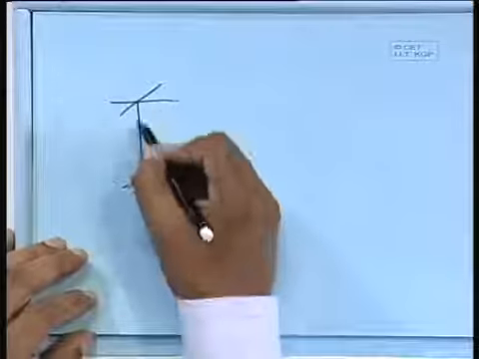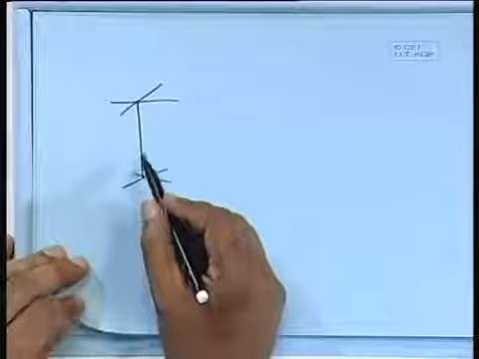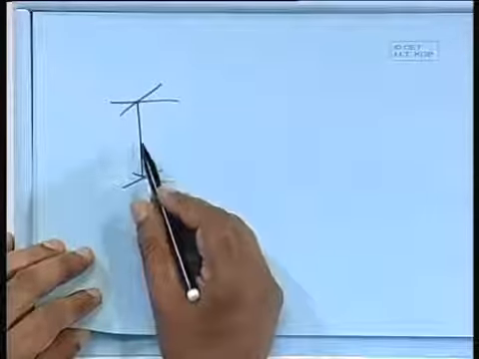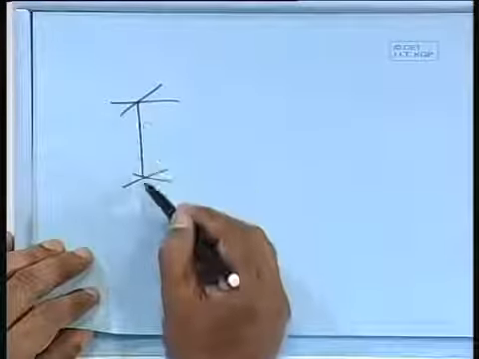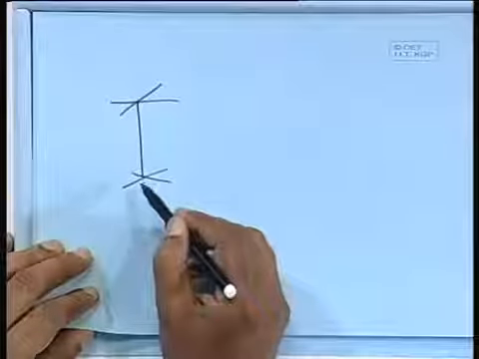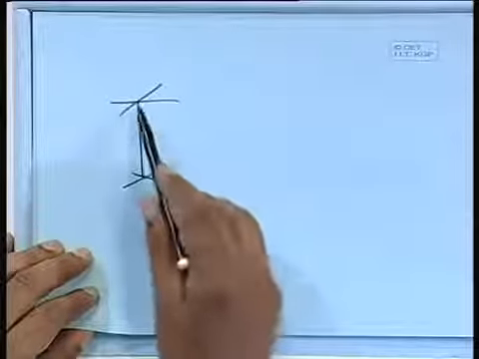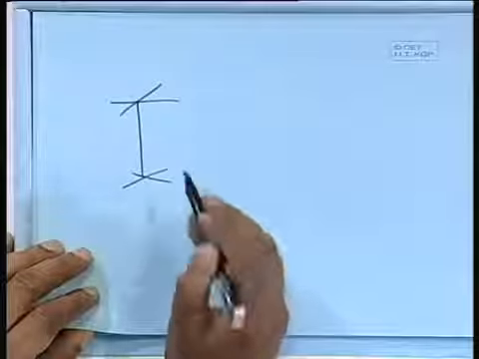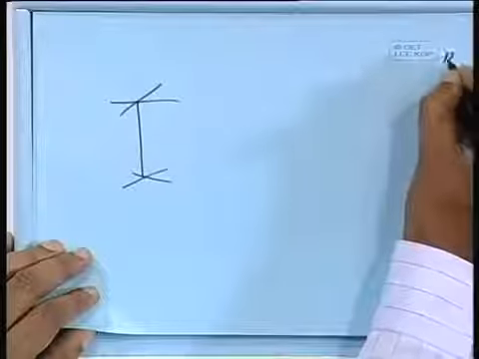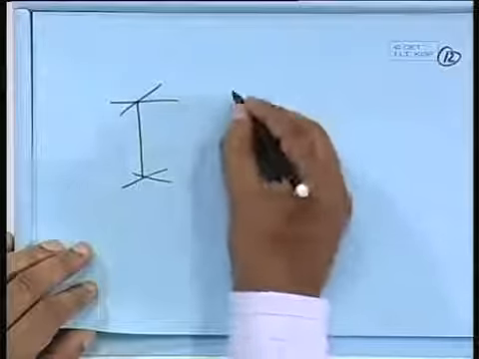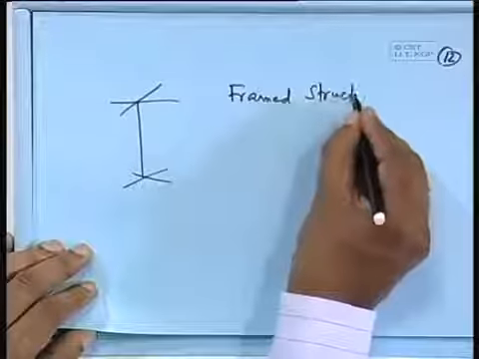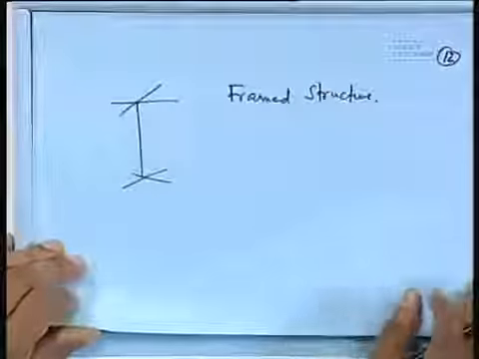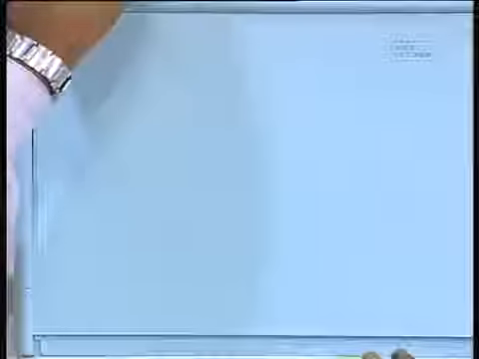At that time I shall tell you how to find the effective length for a frame structure, because you have to find the stiffness at the top and at the bottom, from there we can find the fixity level, and then the effective length. So we shall do that separately. We are not going into detail here. Anyway, we know what effective length means, and it is very, very important.